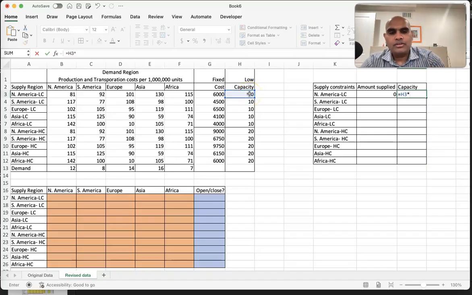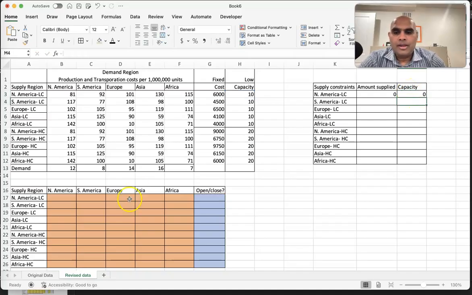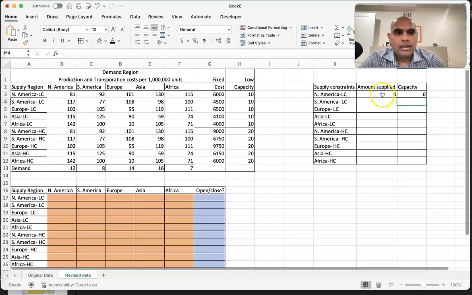And how do I know if a plant is open or not? Well, I can multiply that with this variable. This is the variable that tells me whether this plant is open or not. If this variable is 1, the plant is open and the capacity is 10. If this variable is 0, the plant is not open and capacity is 10 times 0, which is just 0. So if it is 0, then you cannot supply anything out of it. So this number here has to be less than this number here, right? So that's my constraint.